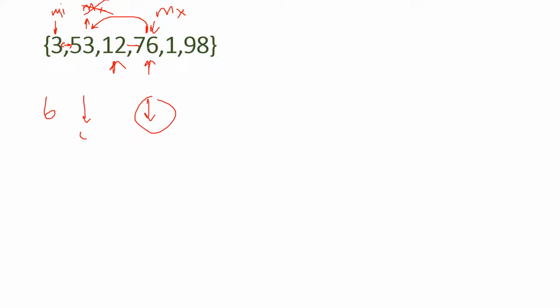Amazing. When it comes to the minimum element, again we have to check 12 and 3. Which is the minimum element? 12 or 3? Obviously 3. So let the minimum element be 3 only. Again we have to check 1 and 98. When we check among these two, 98 is the maximum element and 1 is the temporary minimum element. Again, we check 98 and 76, which is the previous maximum element which we initialized before.